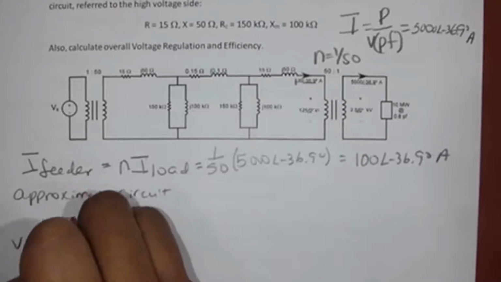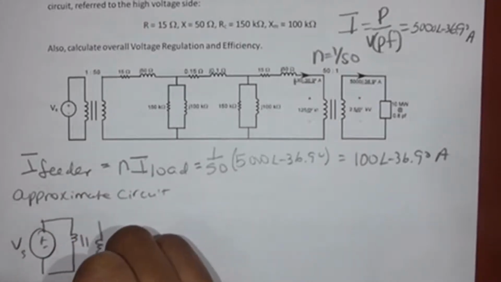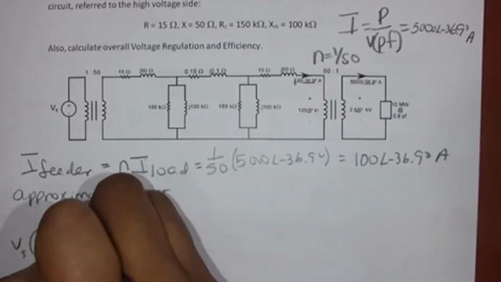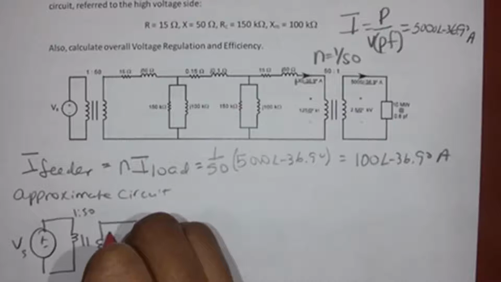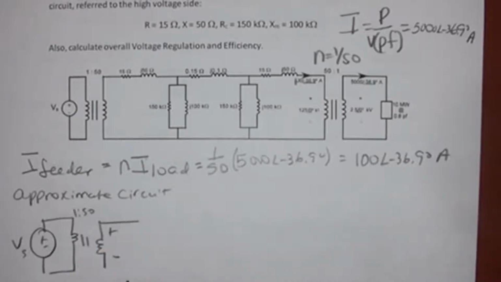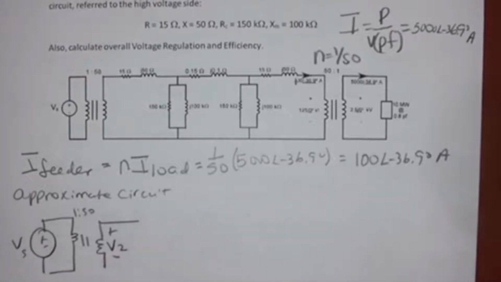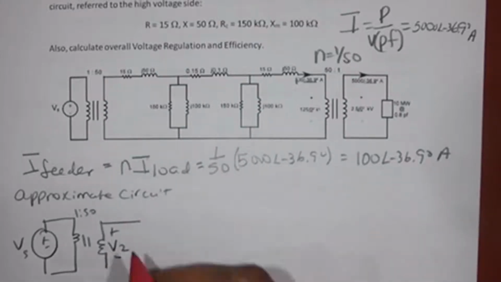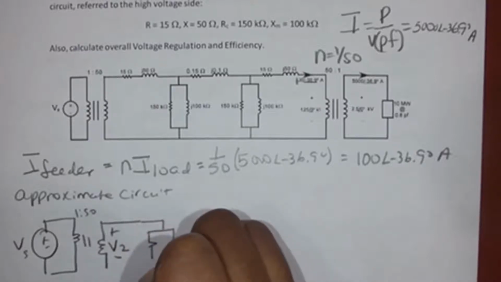The voltage source and the initial transformer is still here, and we call this V2.